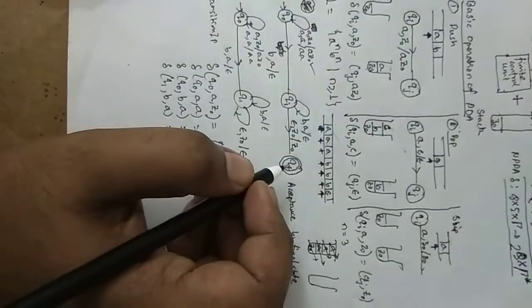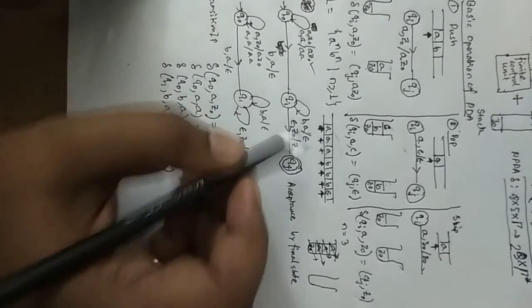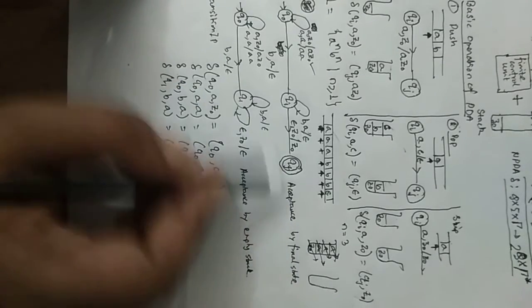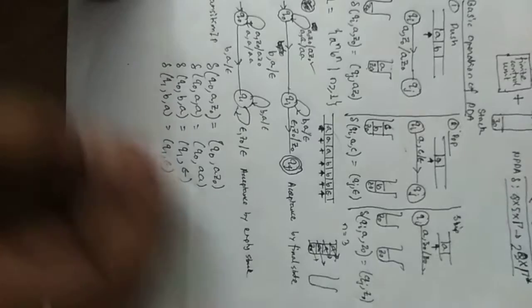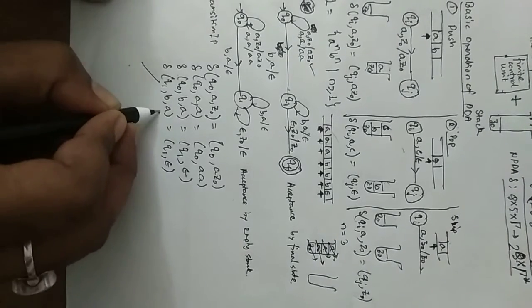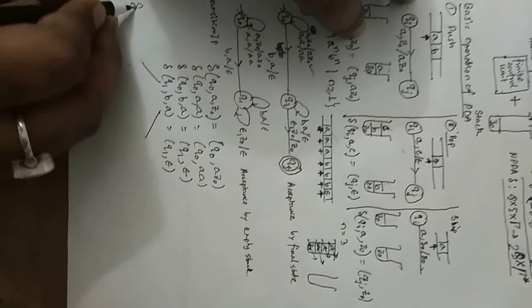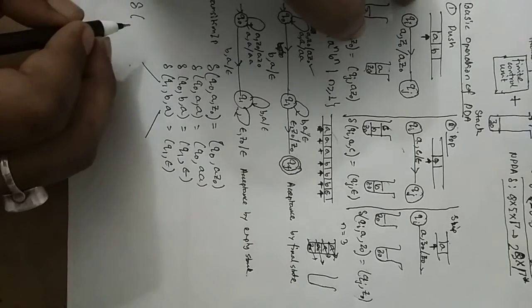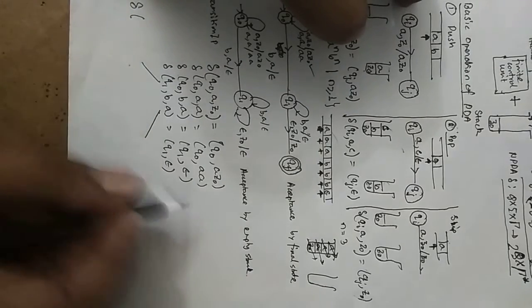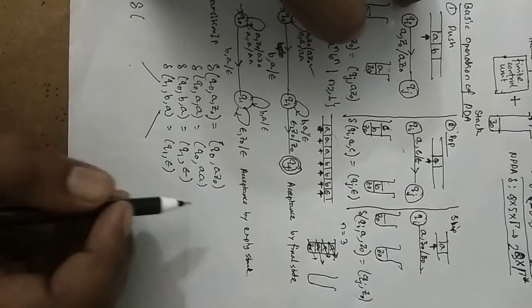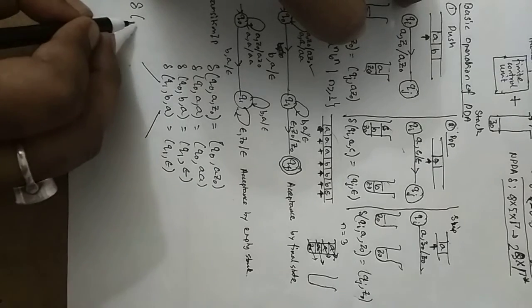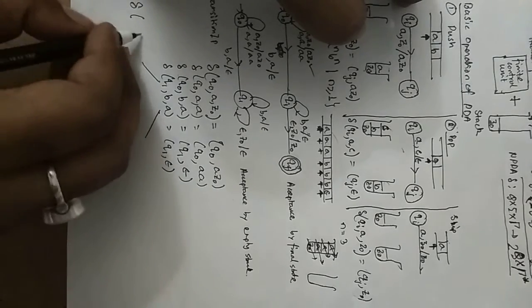Okay, now from here basically there are two conditions. Either you go to acceptance by final state or acceptance by empty stack. So let us branch it in two fashions. First I will go for empty stack. What is the transition in ID?